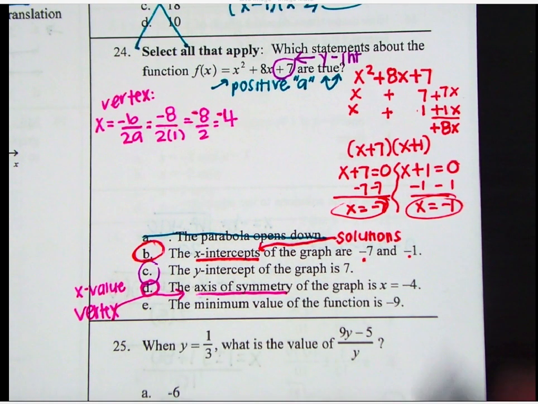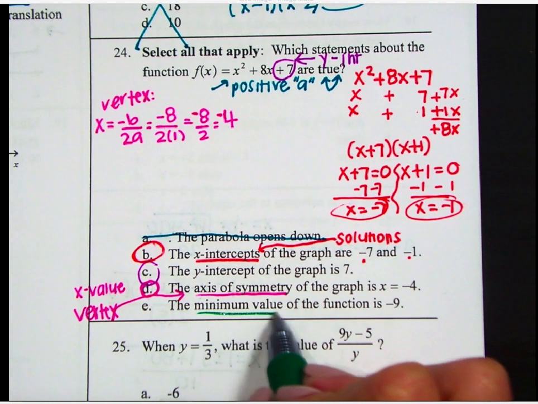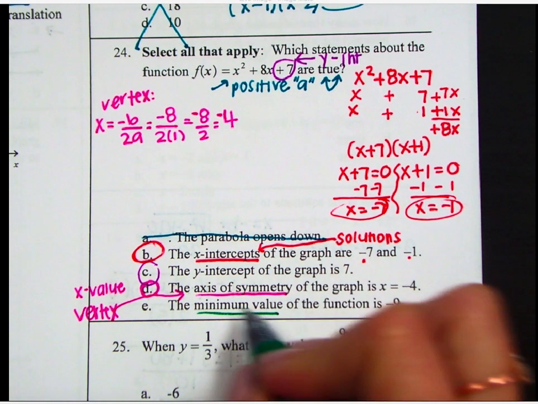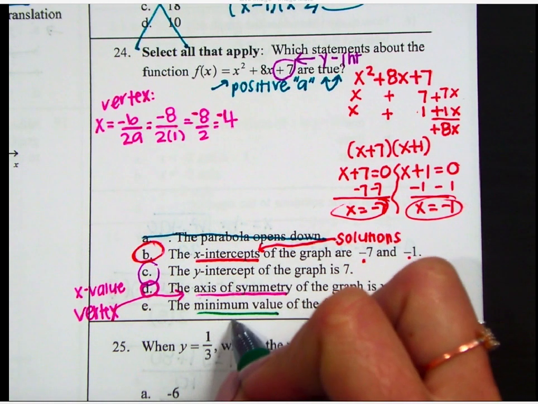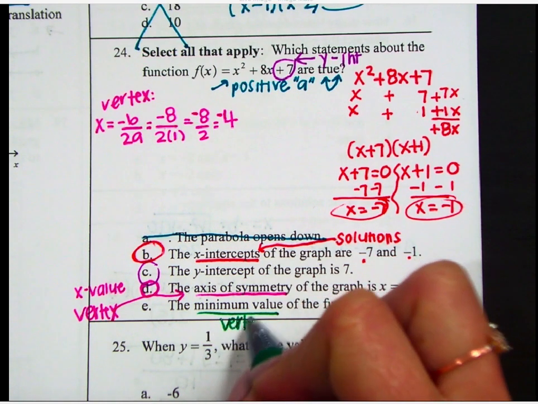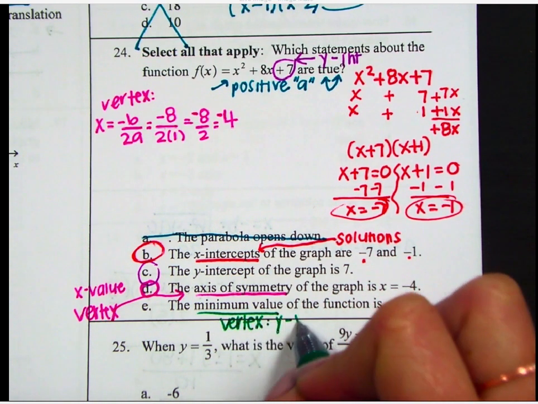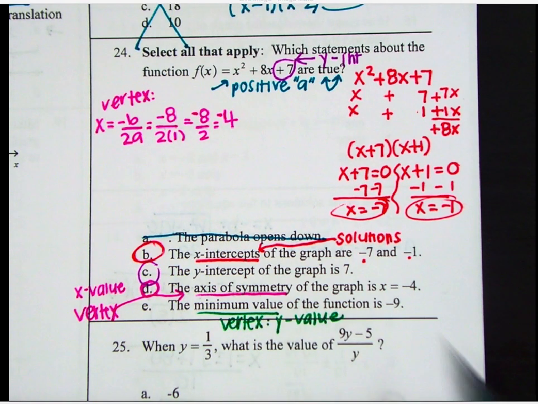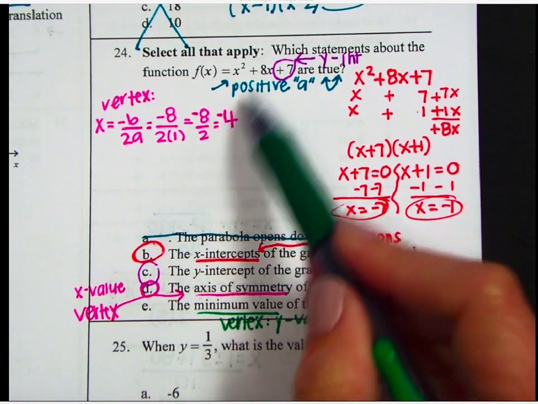Then they're asking about the minimum value. So is the minimum value 9? Negative 9. The minimum value is now going to talk about the y value in the vertex. To get that y value, we're going to take negative 4 and plug it back in.